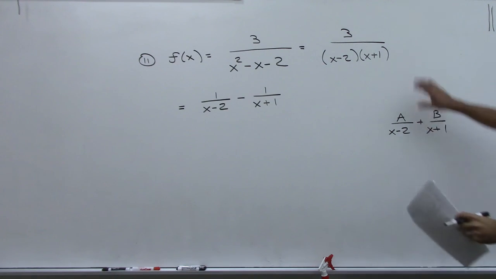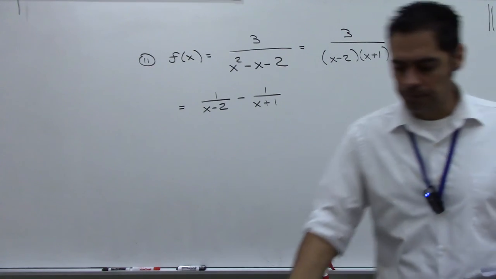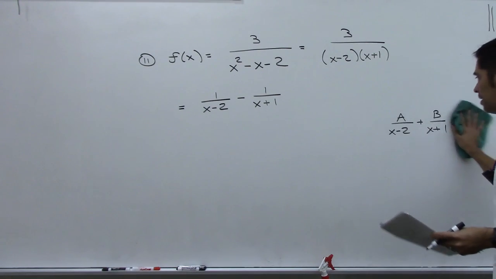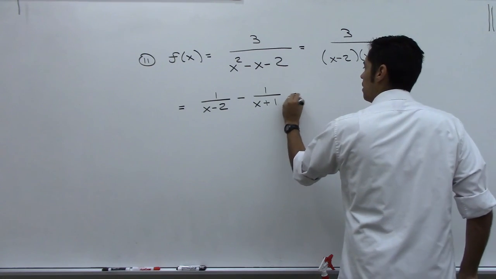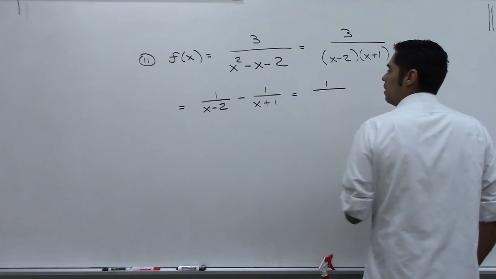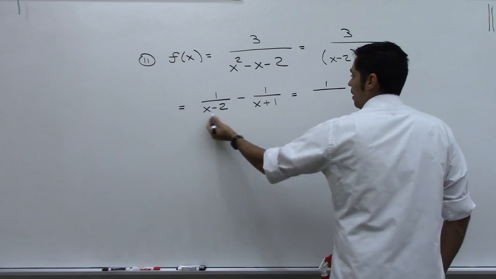Then you're figuring out what a and b are. When you do that, you come back over here, and here's what you get. So now at this point, I try and rewrite these using the formula. So I have 1 over, how do I want to write that? This one right here.